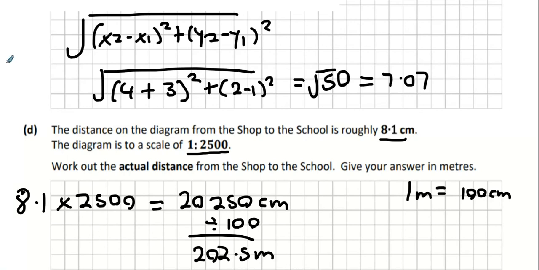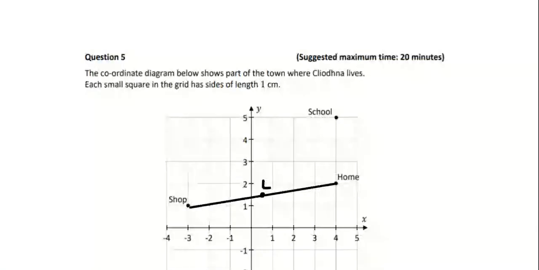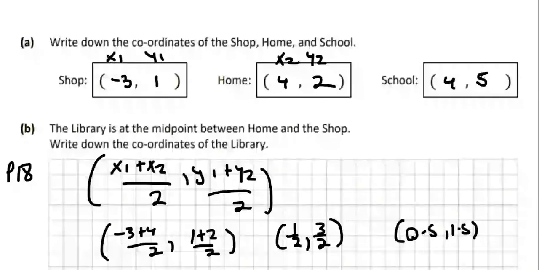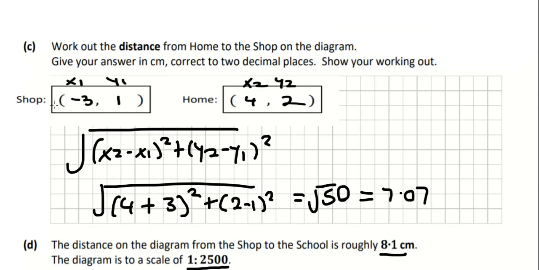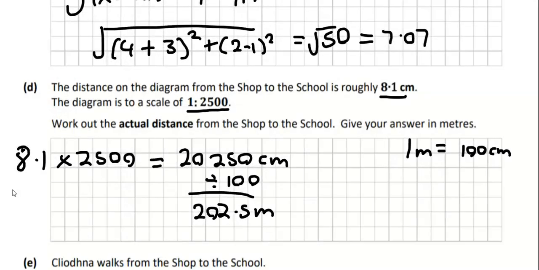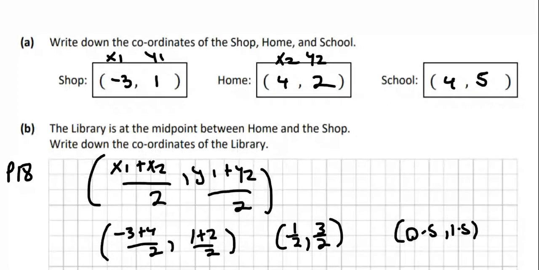Okay, if you go back to the diagram, she goes from the shop to school. Let's see what she does again. Her distance in part D. So we see it's 8.1 centimeters in part D.